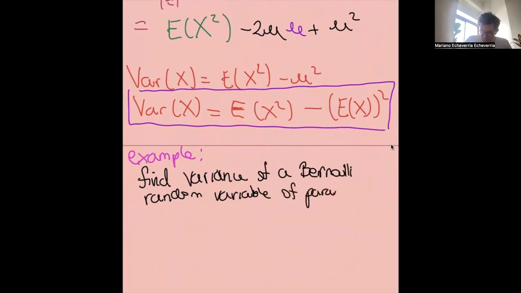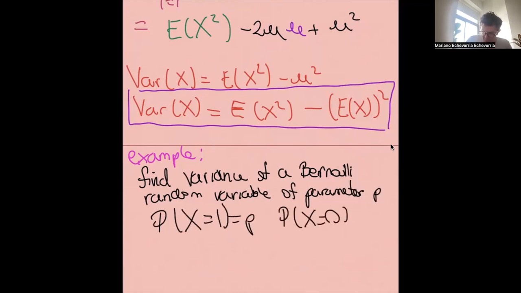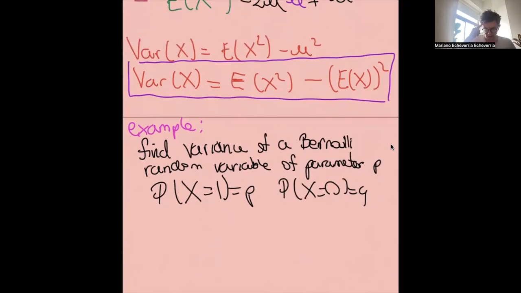If you remember, that meant the probability that x is 1 is p, and the probability that x is 0 is q. We had found before that the expected value, or the average, which I'm now calling mu, for this Bernoulli random variable was just p. So we already have this side here.